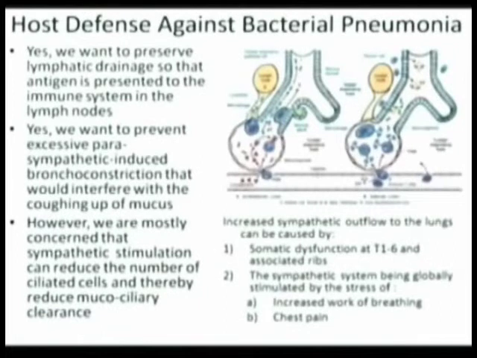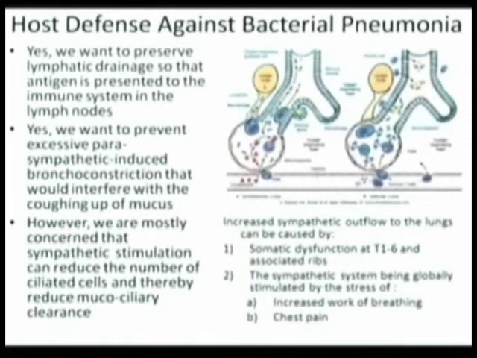So what happens is, yes, when there's a bacterial pneumonia, we want to preserve lymphatic drainage. As you can see in this left diagram, a macrophage is going into the lymphatic system, presenting its antigen to the lymph node. So that's a useful thing to happen. And yes, we don't want too much bronchoconstriction because of the problem of coughing up of mucus.